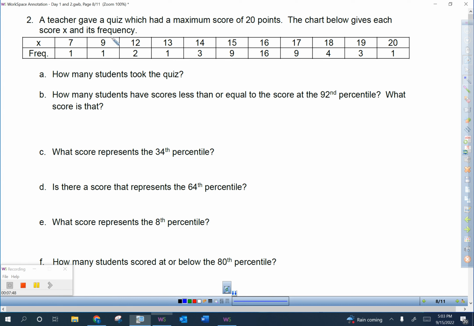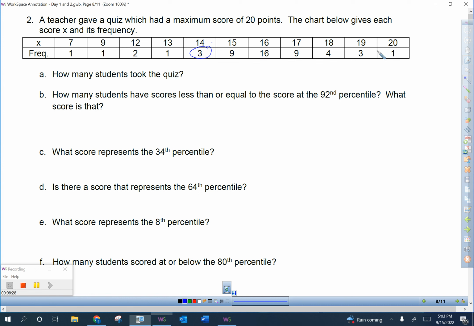And then the frequency, meaning how many different students scored that point value. Okay, so just for example, this section right here would mean 3 students had a score of 14 out of 20.